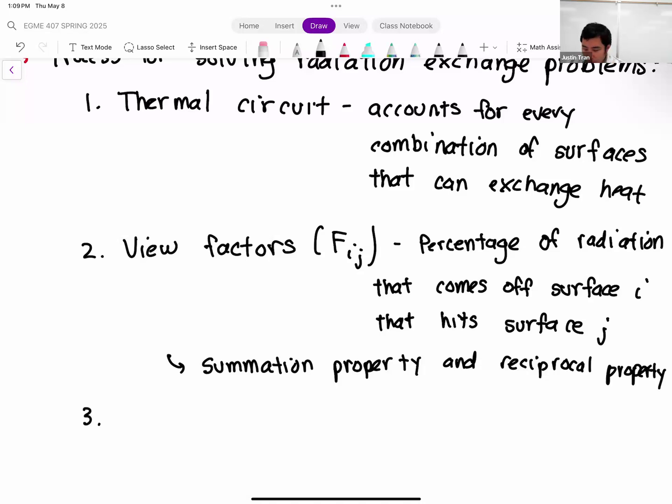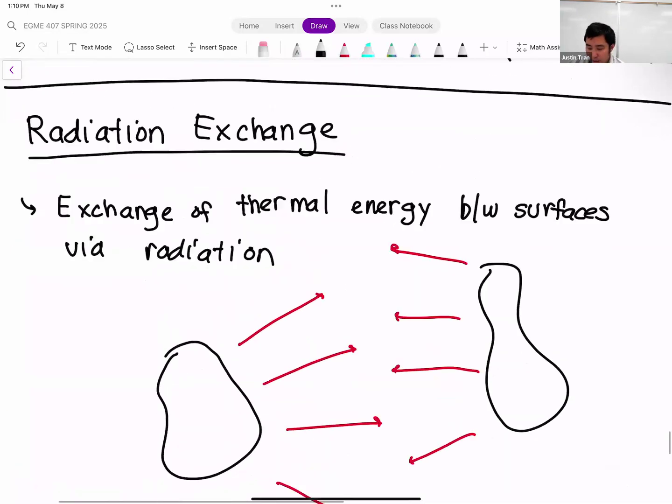Okay, and then step three: once you have the view factors, you can compute the radiation exchange. This part depends on whether you have gray surfaces or not. If you have gray surfaces, you can compute all the radiosities.